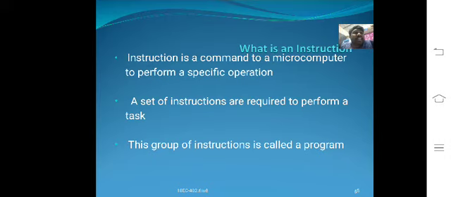The instruction is a command to the microcomputer to perform a specific operation. A set of instructions are required to perform a task. This group of instructions is called the program.